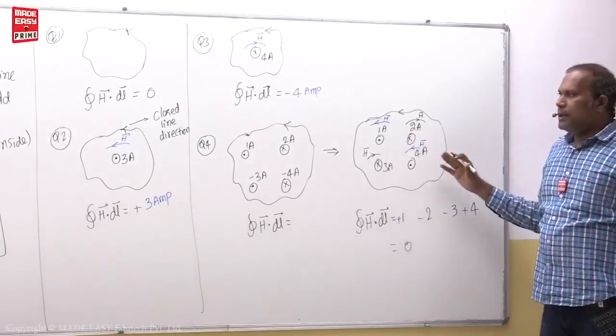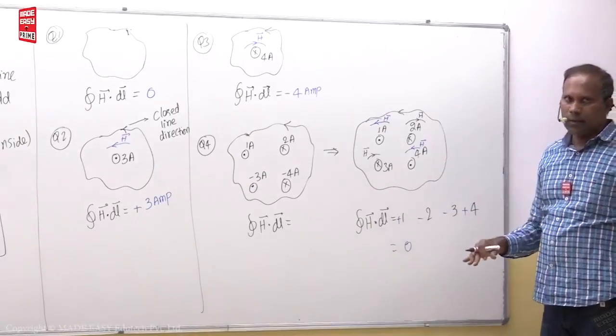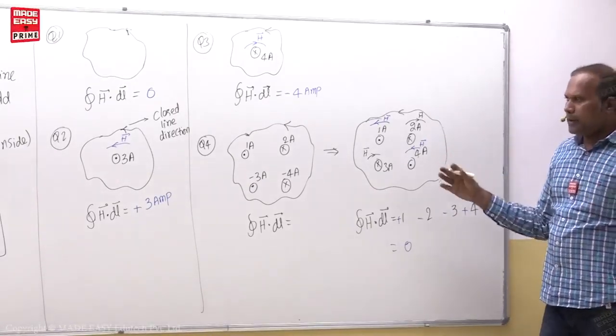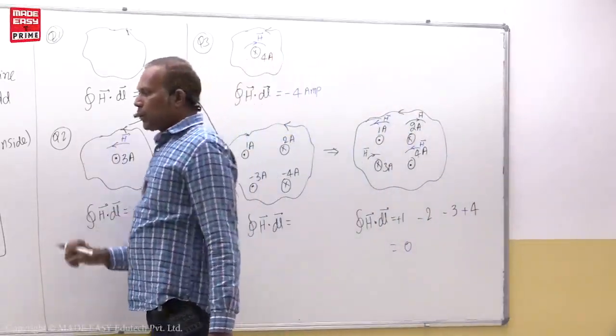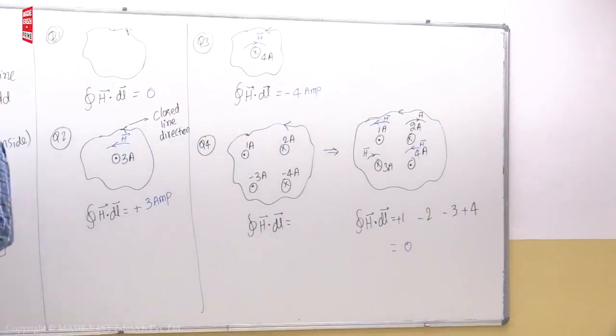So this is the way you use that. Now after this, I will solve some questions based on Ampere's circuital law. Then after solving them, you have to remember the formulas only. Okay.